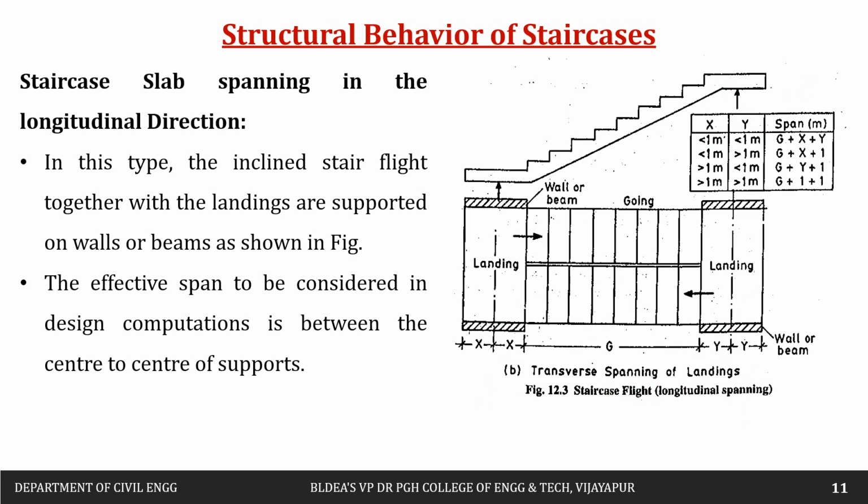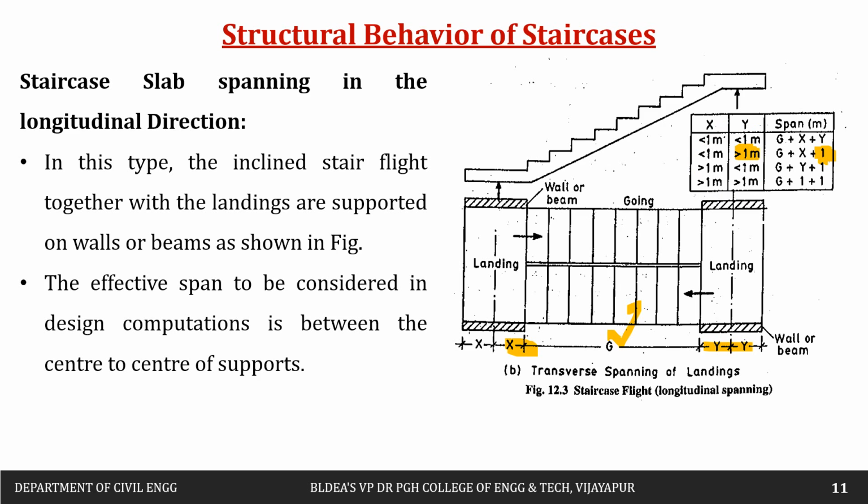Then next, if x is less than 1 meter and y is greater than 1 meter, one thing we can remember is that if the distance is greater than 1 meter, we have to take it as 1 meter, so we are not going to exceed that. Here as y is exceeding, instead we take 1 itself, that is going plus x plus 1.